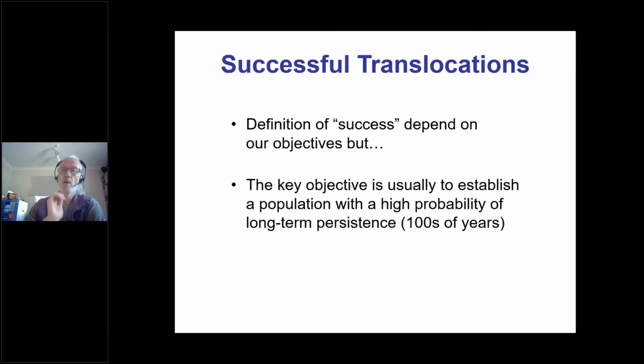One key issue is what's a successful translocation. And one point that's addressed quite a bit in the paper is that defining success is not straightforward, and nor should it be.